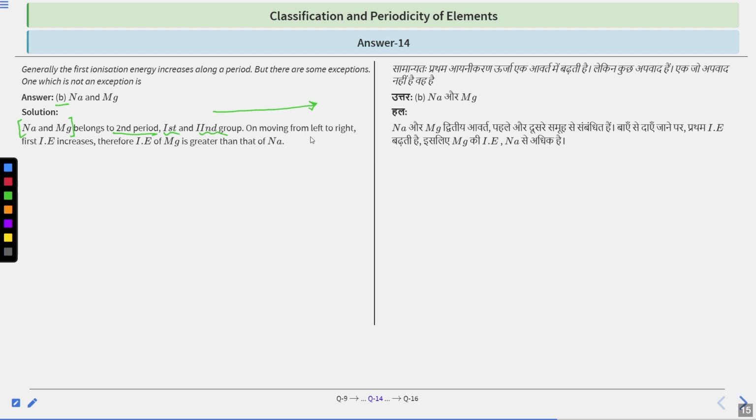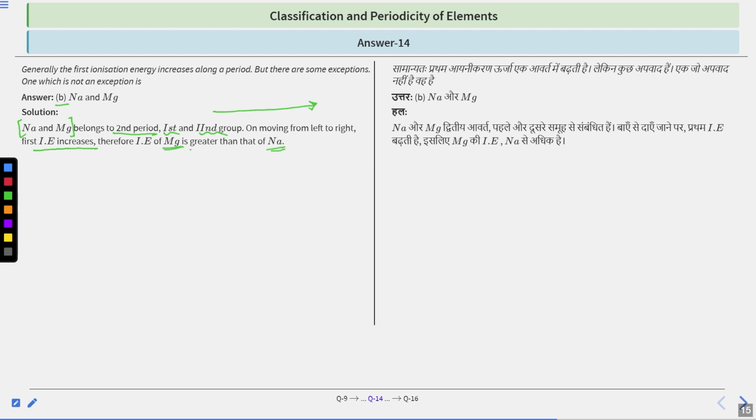On moving from left to right, the first ionization energy increases. Sodium and magnesium are in the first and second group, right? And it is given that from left to right, the ionization energy increases. So as they are present in the first and second group, the ionization energy is increasing in the case of these two elements. Therefore, the ionization energy of magnesium is greater than that of sodium.